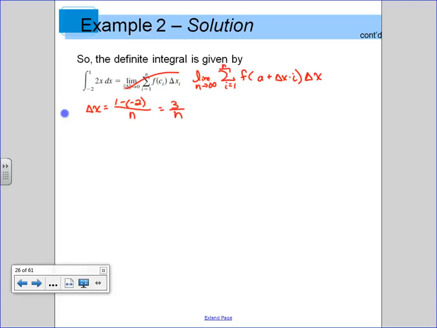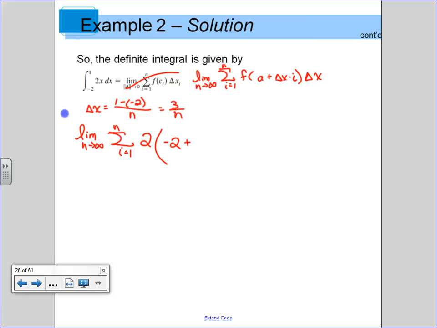So our last one would be, okay, how do we find the infinite sum, so the limit as n goes to infinity of f of, which is 2 times a plus negative 2 plus. I'm just plugging in, right?